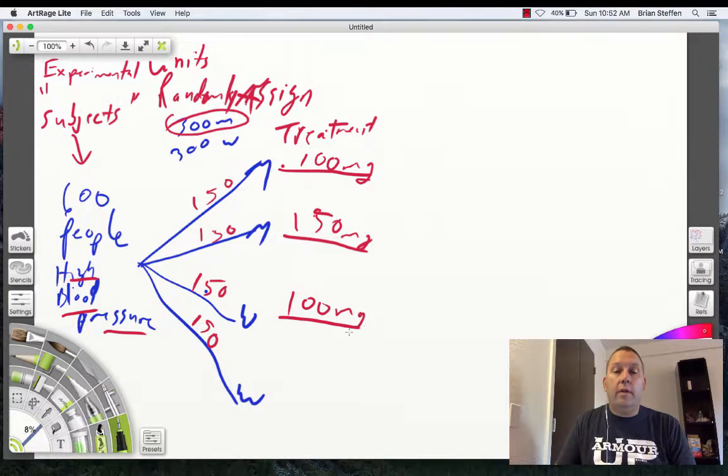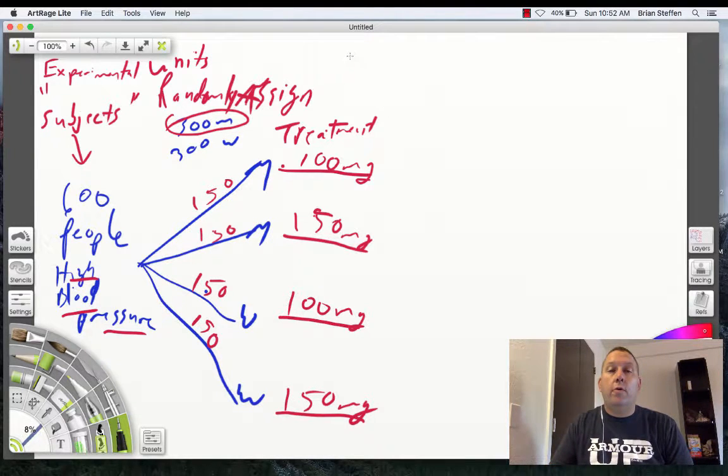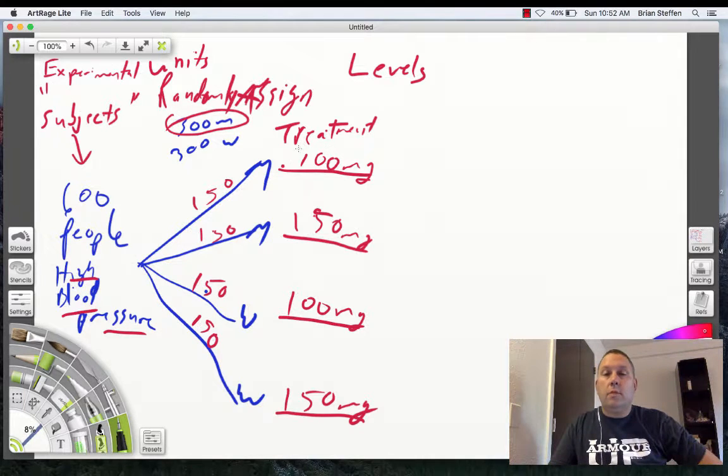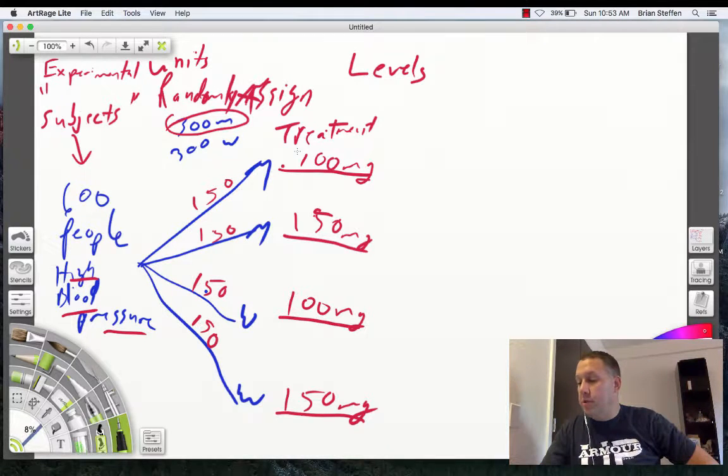So really, there's only 150. Let me finish that down. All right, so there's other things like, in this case, there's levels. There are 2 levels, 100 milligram or 150 milligram. There's treatment. So I hem and I haw and I hesitate because the language is going to vary from question to question. So treatment itself, let me read you what one definition is.